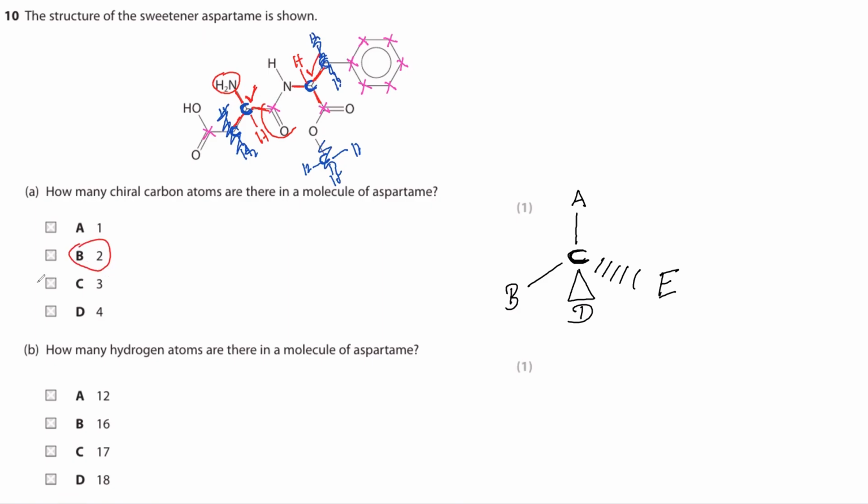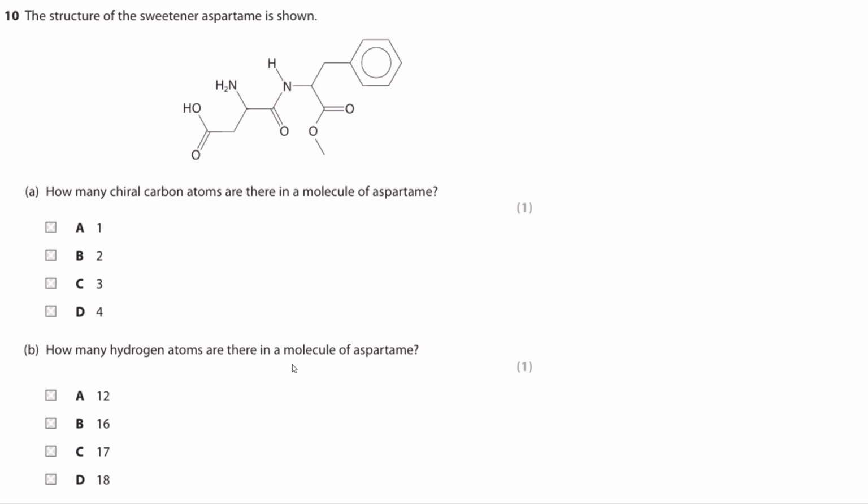Okay, let's go for question number 10B. How many hydrogen atoms are there in the molecule of aspartame? For hydrogen atoms, I think we have to fill in all the missing hydrogens. Let's go one by one, otherwise I will miss some just like the previous time. So this one has 1 hydrogen. Then this carbon doesn't have any more hydrogen because it has all 4 bonds.